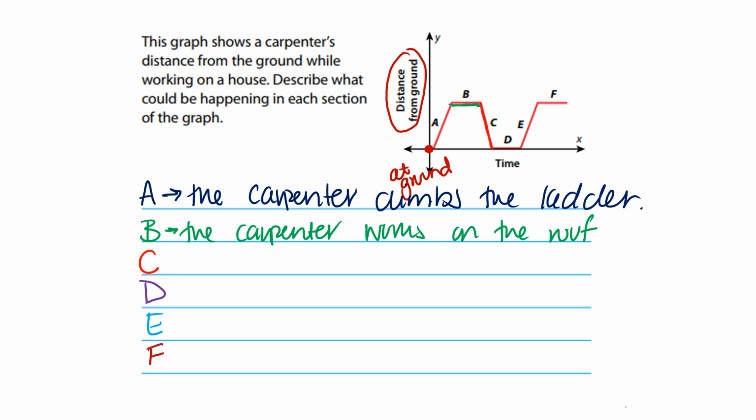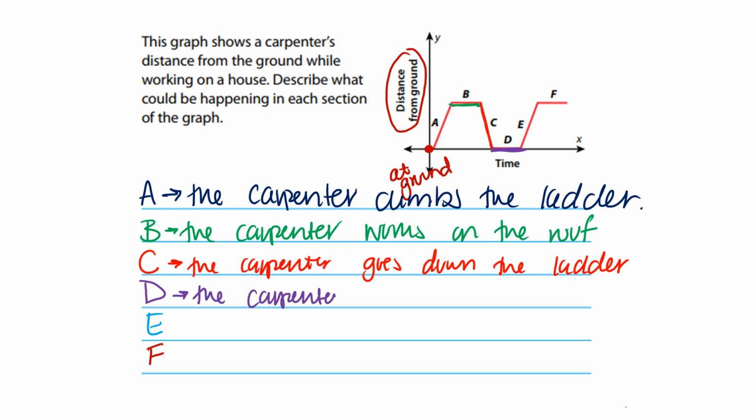Letter C is going down, so we can say that the carpenter goes down the ladder. For letter D, he stays down here at the bottom, meaning he's staying on the ground. So we could say that the carpenter eats lunch on the ground. We could say he takes a break to eat lunch.